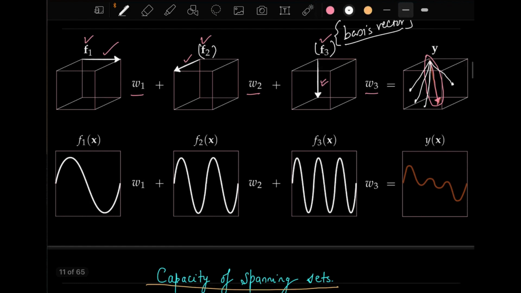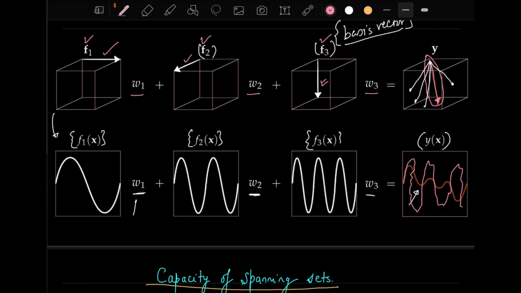Now the same thing applies to functions also. This is f1(x), f2(x), f3(x), and they are all weighted by w1, w2 and w3 properly, and then it implements a complex function y(x), which is given over here. If you change the weights w1, w2, w3 differently, then you will obviously get some different realization of this function. All these functions will lie in the function space F. These are the basis functions.